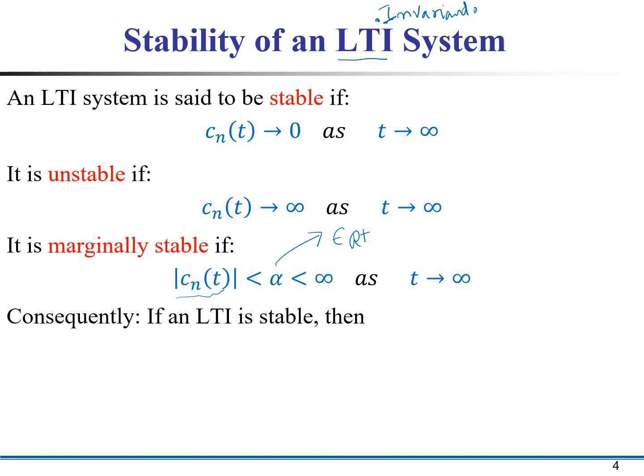So the consequence of these statements is that whenever the system is stable, the total response of the system will approach the forced response of the system as the time approaches infinity. Can you think why this will happen?